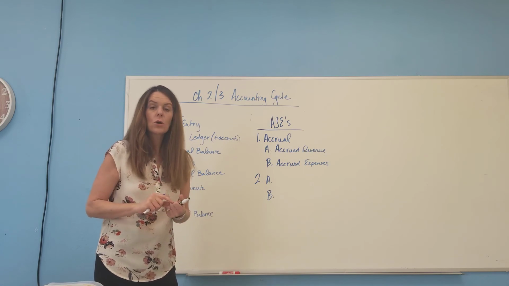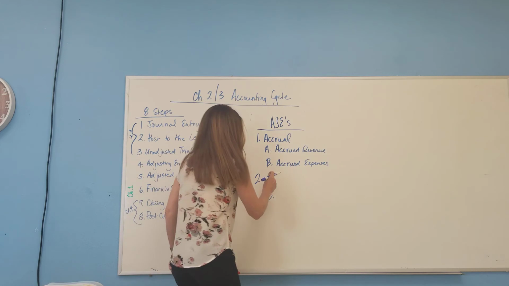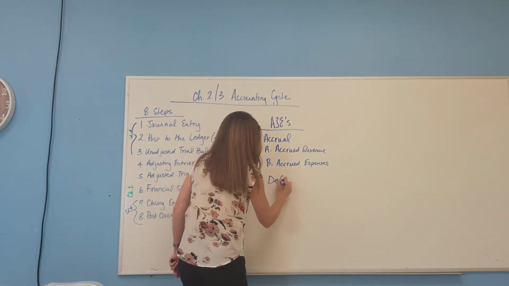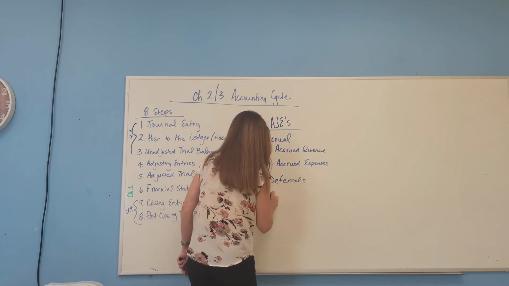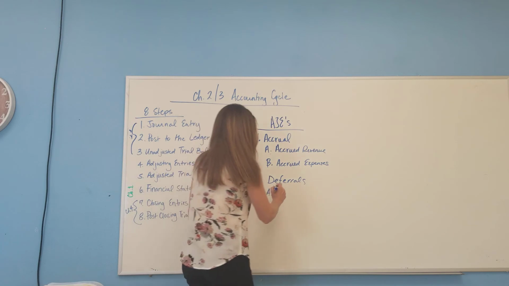On page 118, or Learning Objective 3 in chapter 3, are deferrals. That's going to be the second type. And for deferrals, you've got unearned revenue and prepaid expenses.